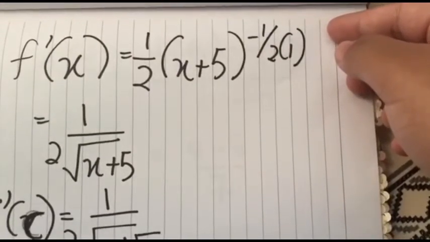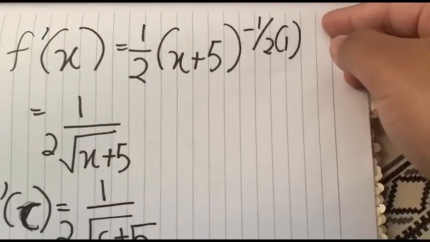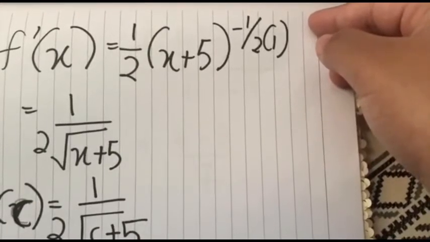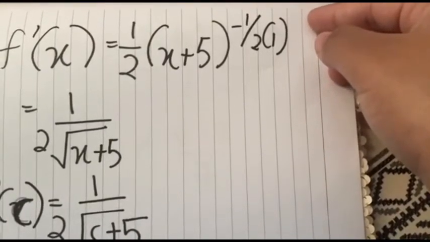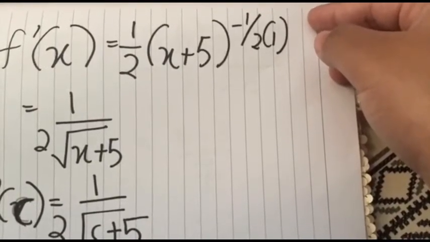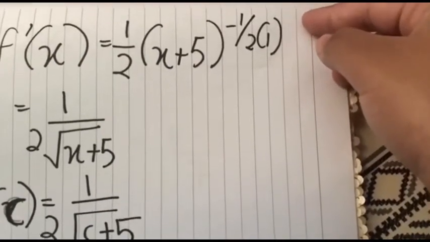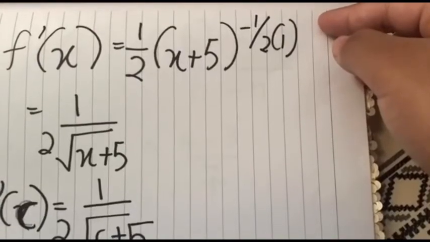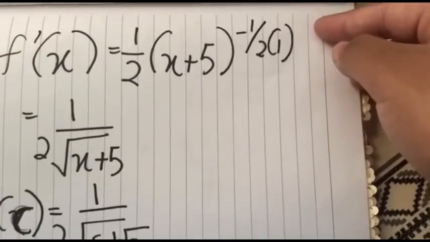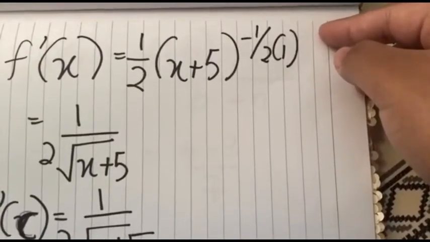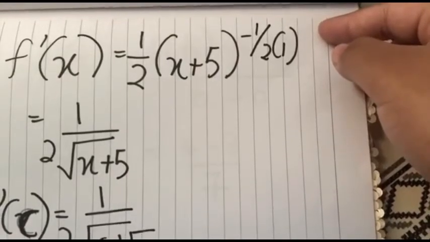So now we have to find f'(c), but we only have f'(x). It is actually the same thing, and we can substitute the x with c. So now we need to differentiate the function f(x).